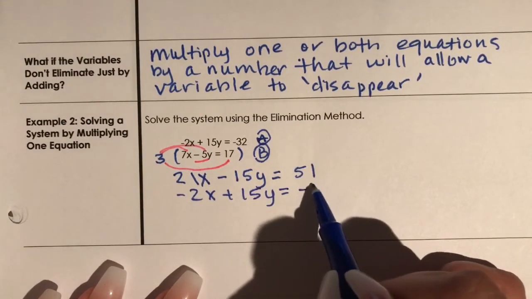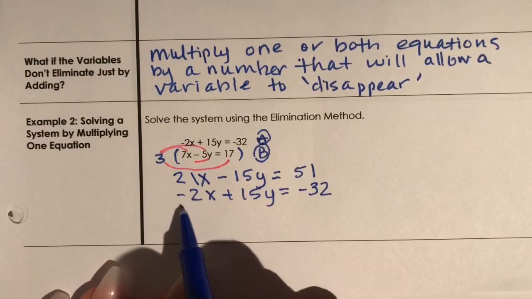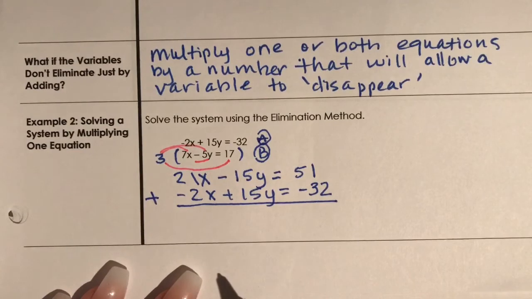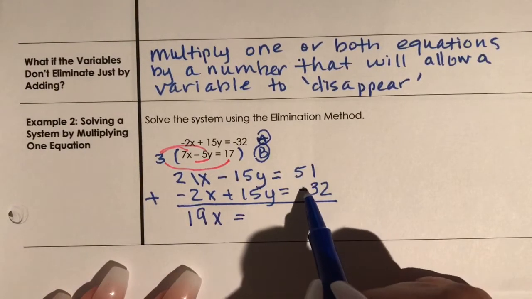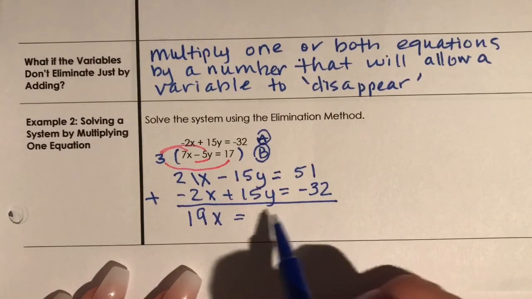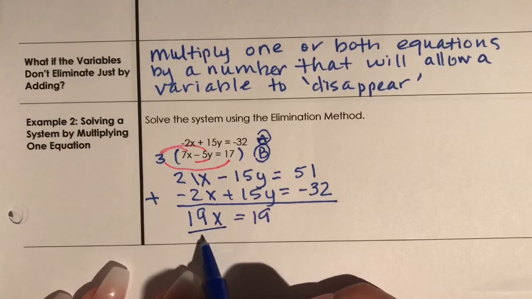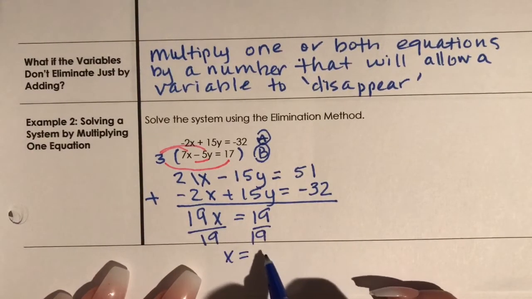Remember, the order does not matter. We're going to add. We're going to have 19x equals 51 minus 32. 19. Solve for x. Divide both sides by 19. X equals 1.